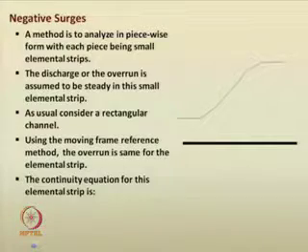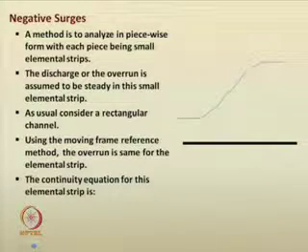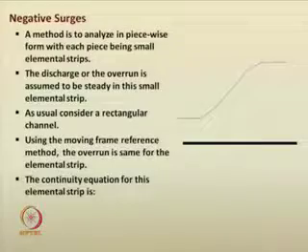So, what will we do? A method to analyze the negative surge or negative wave is to analyze it in a piecewise form, with each piece being a small elemental strip. Say this is a surge moving from upstream to downstream.